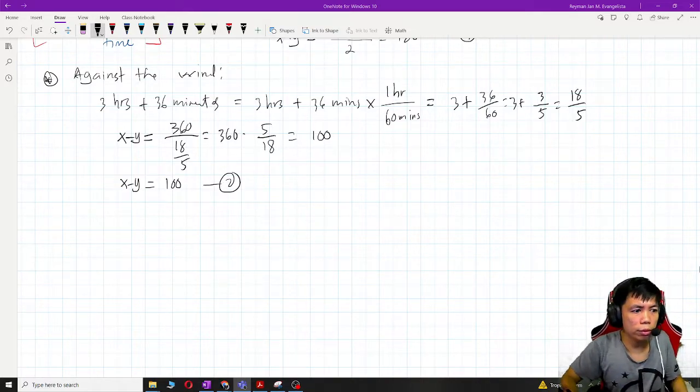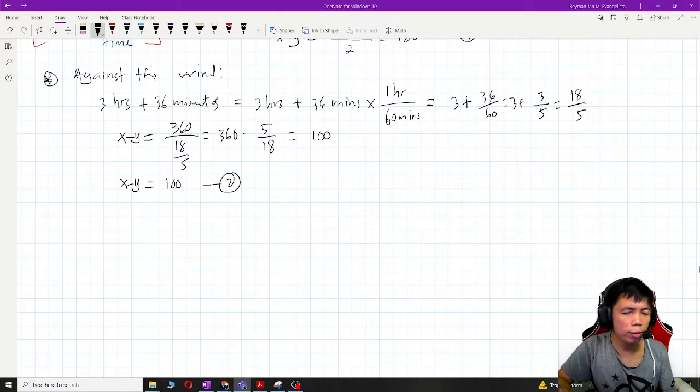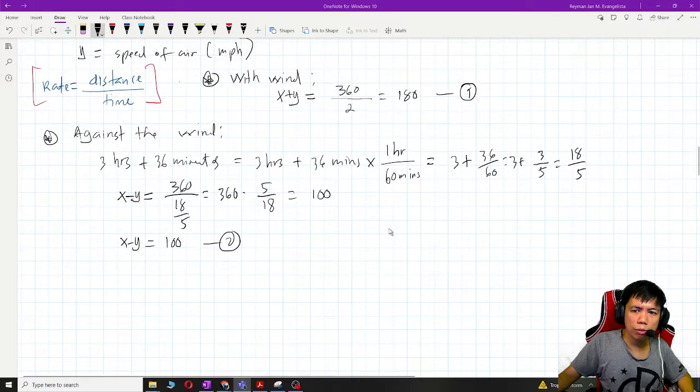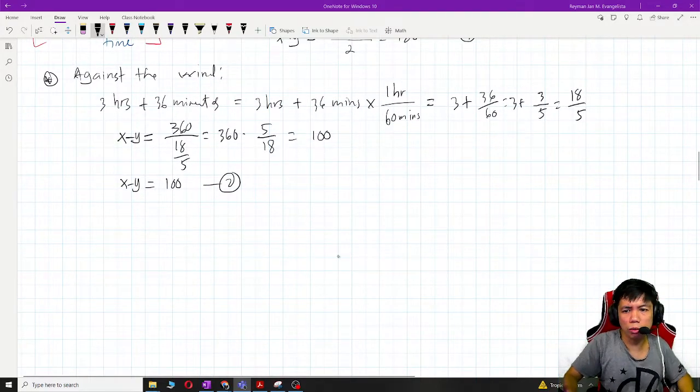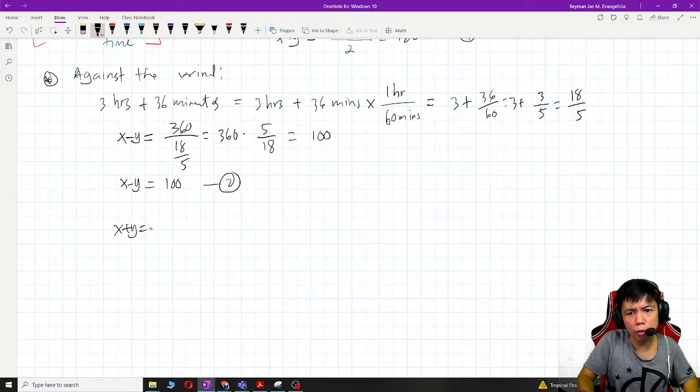Remember guys, we have different ways to solve the unknowns. Meron tayong two equations: x plus y equal to 180, and x minus y equal to 100.